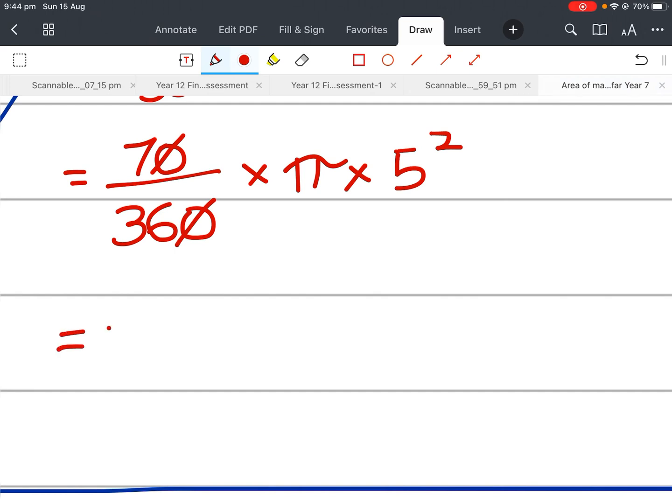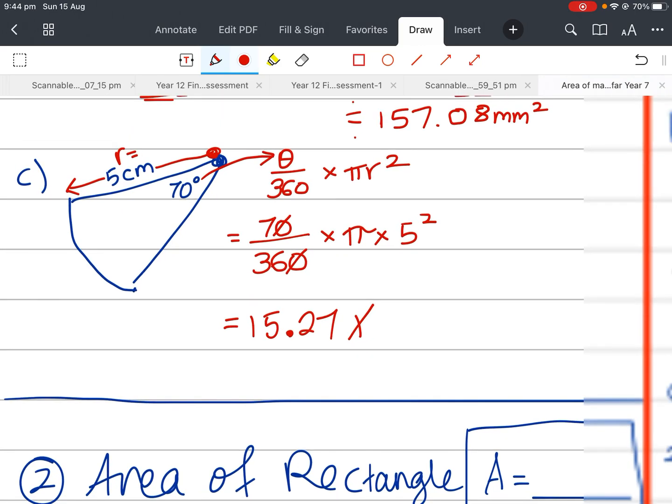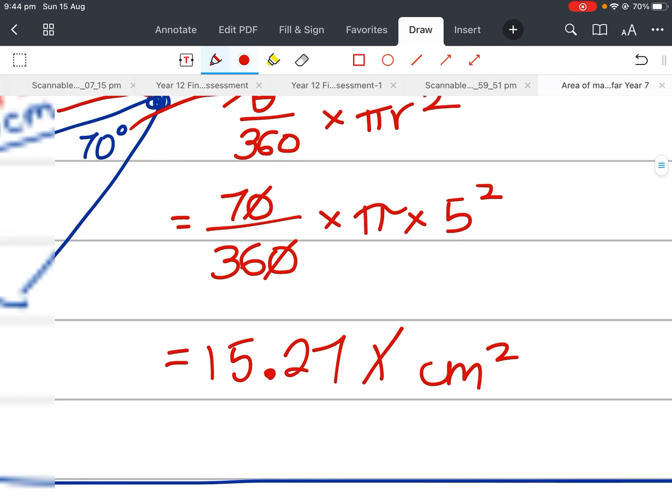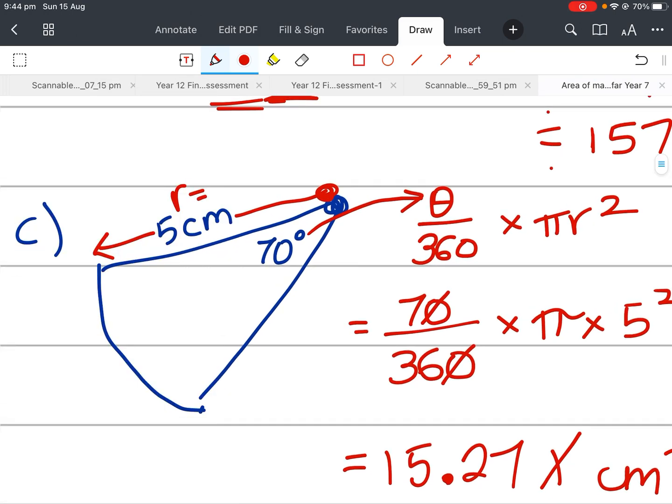Now I'm going to do this one to 2 decimal places. Now after the 27 it was a 1. So if that's a 1 there, I'm going to cross that off if I'm doing it to 2 decimal places. Do I have to round the 7 up? Hopefully you said no. Don't forget centimetres squared because it was 5 centimetres originally.